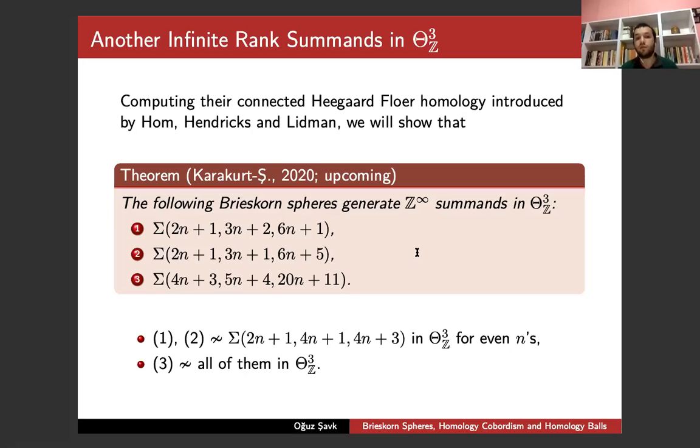And if you take one element from this family, let's say n equal to 1, then the connected sum of these Brieskorn spheres generates just a Z summand. Okay, that was my question.